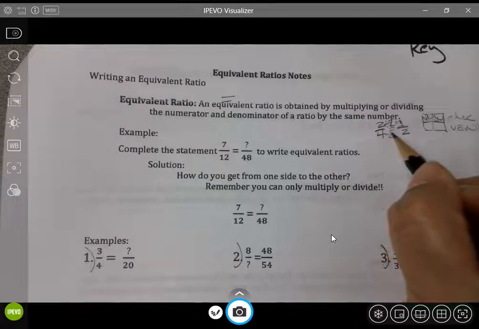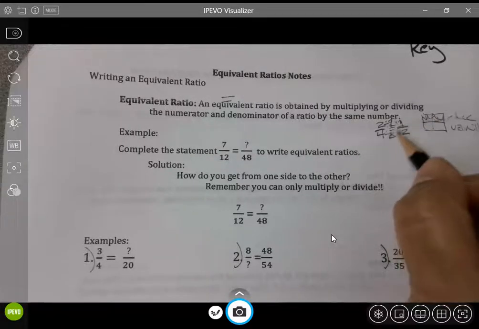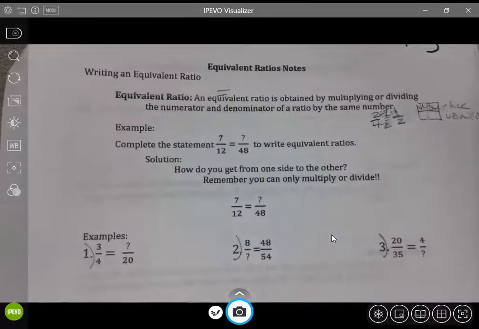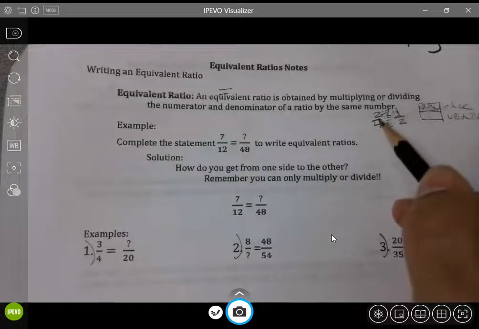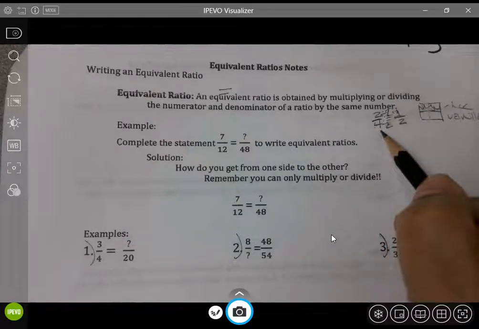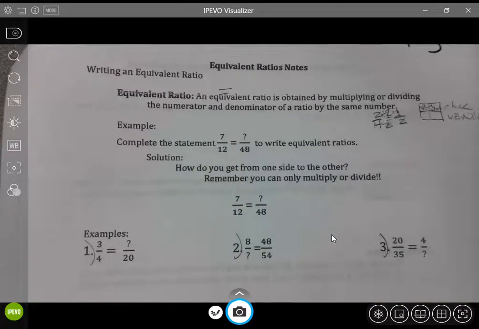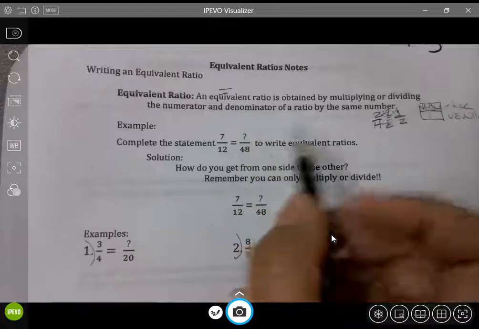If I made it 2 times less, I would do it to both because it affects both of them. And that's all we're doing today. We're finding equivalent ratios. We are finding what the other ratio is, but it equals the same value as the other one.